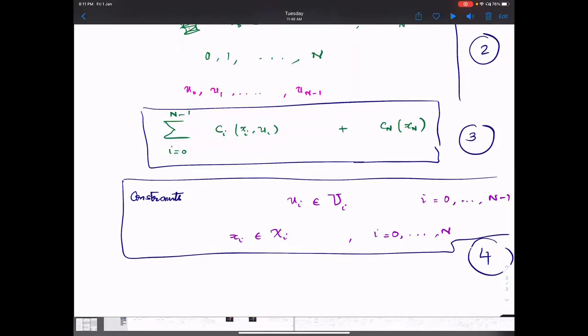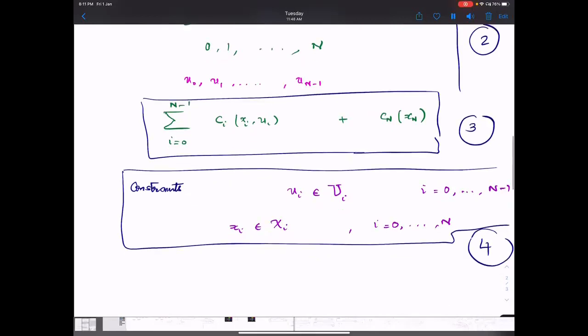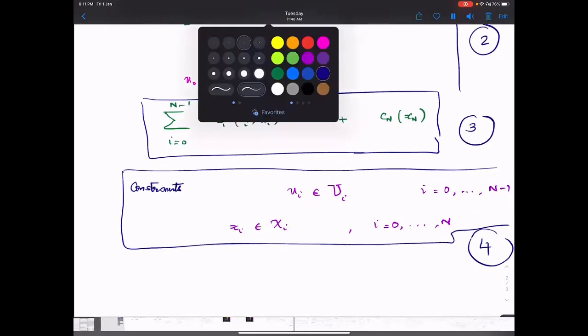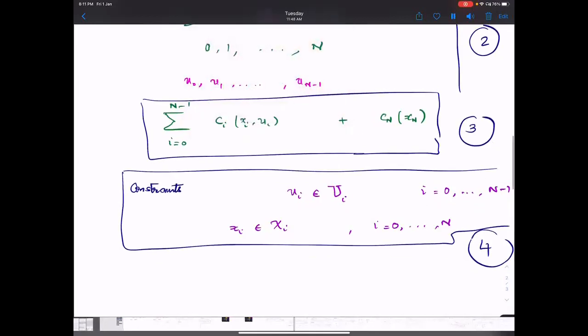So they would incorporate notions that you've seen like inequality constraints or control bounds. Everything is accounted for here. The problem is specified. So now we say you want to minimize this with respect to the control actions. You want to choose these to minimize this cost function.